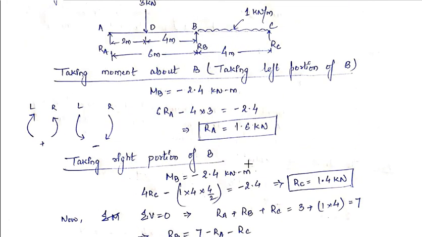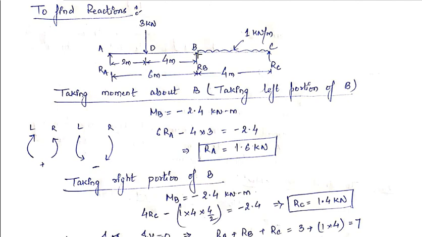Now let's come to the next point, that is B. We will take a section just to the left of B. If we take a section just to the left of B, this Rb will not be included.